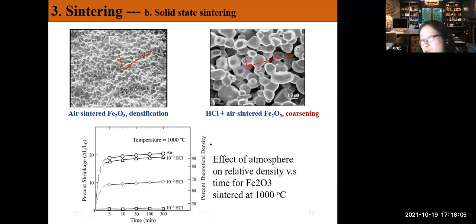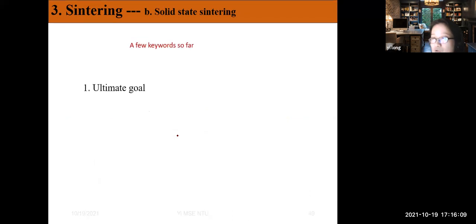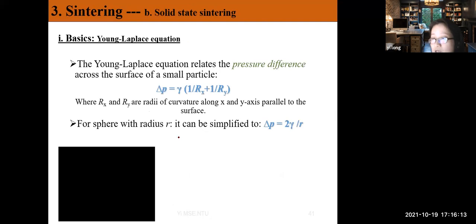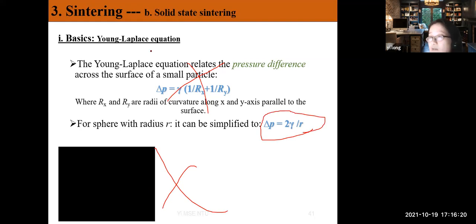This is a real picture you will see in your FYP or whatever. Keywords are sintering, driving force, and two routes. The derivation, no need, remember. Remember these equations, but if I test you on the equations, I will give them to you.